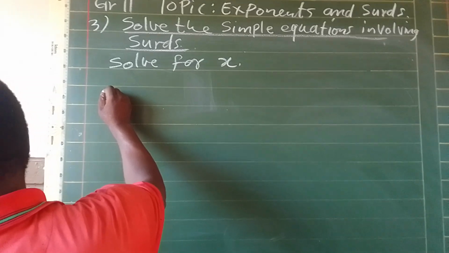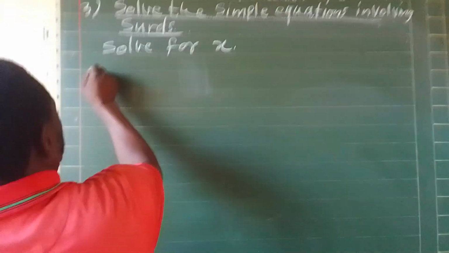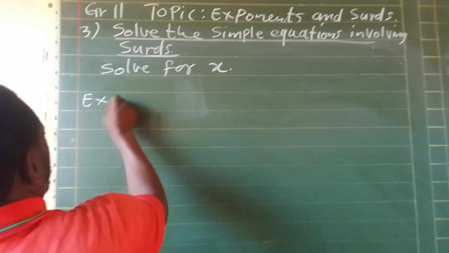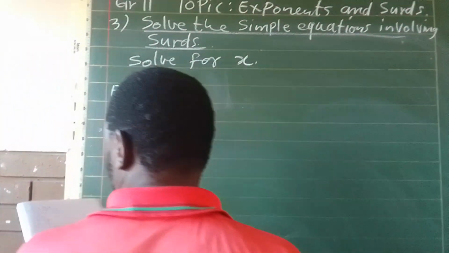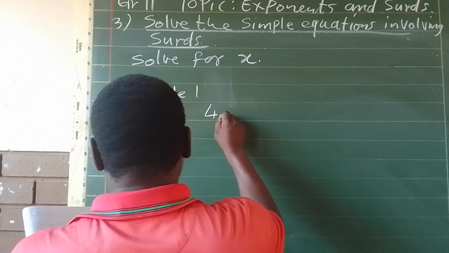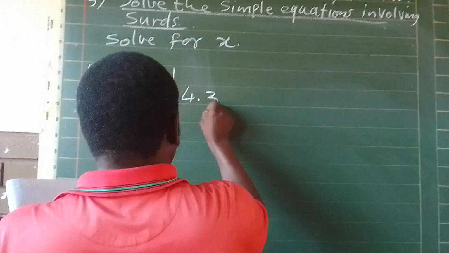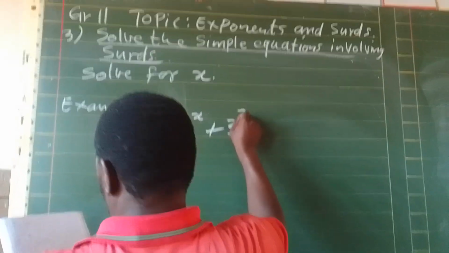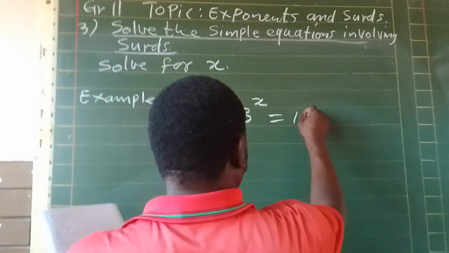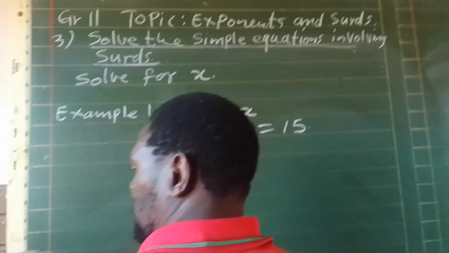Let's say you are given example 1: 4 times 3 to the power x plus 3 to the power x is equals to 15.